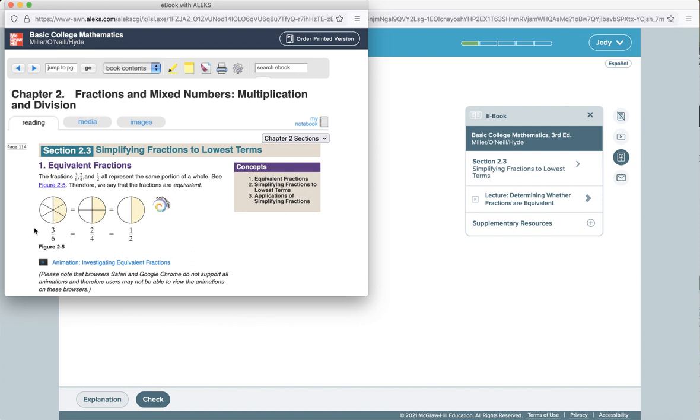So if you think of this as a pizza, you could have a pizza with 6 slices, and if you ate 3 of the 6 slices, that would be the exact same amount of food in your stomach as if the pizza came to you in 4 slices and you ate 2 out of the 4. Notice that the shaded area of the circle really is the same whether you talk about 3/6 or 2/4.